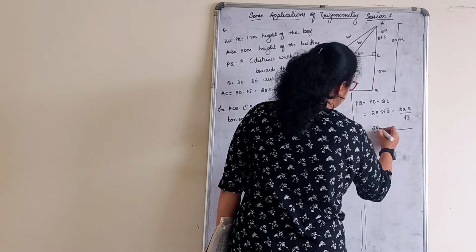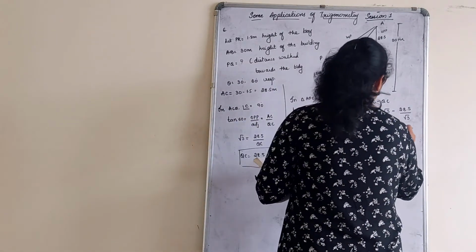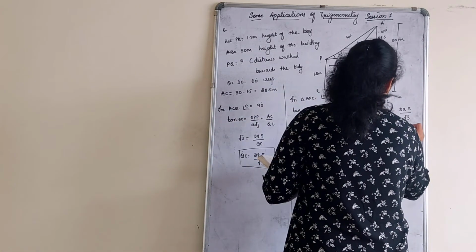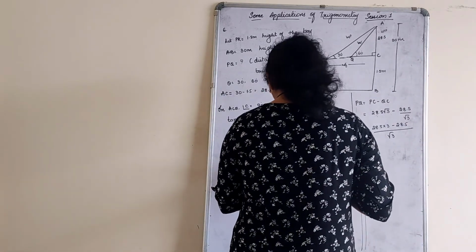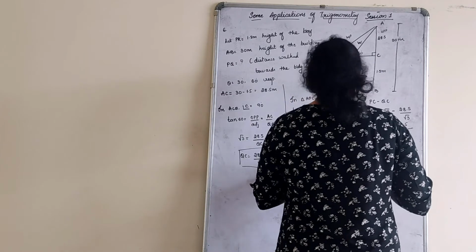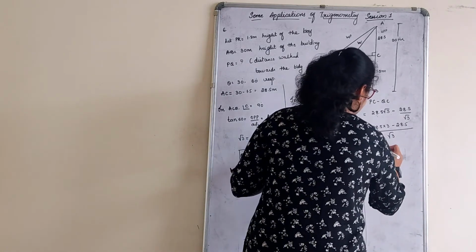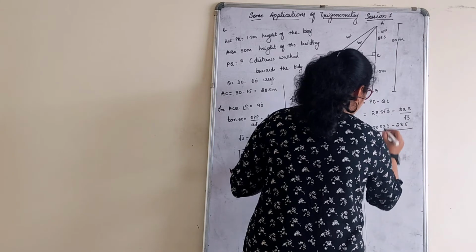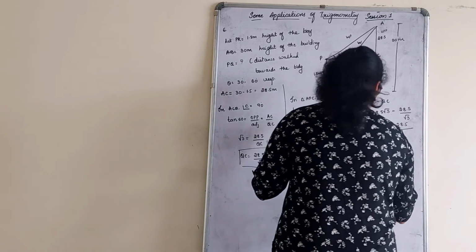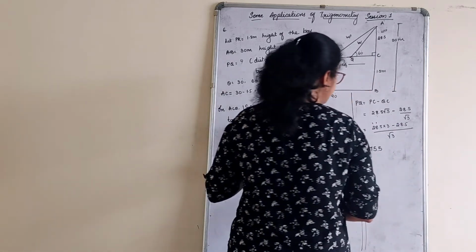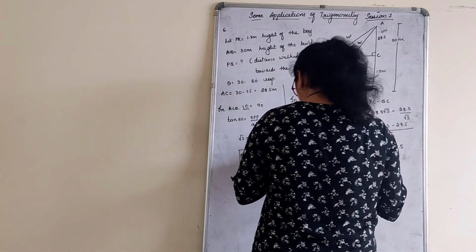So 28.5 into 3 minus 28.5, divided by root 3. 5 3s are 15, 3 8s are 24, 25, 3 2s are 6, 85.5 minus 28.5.